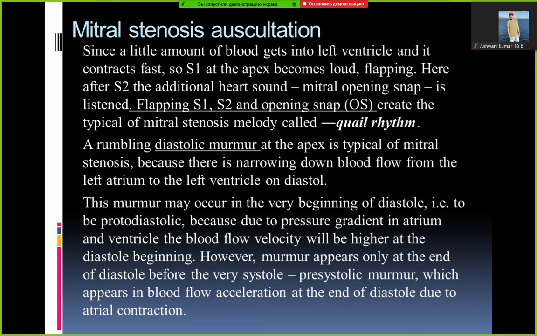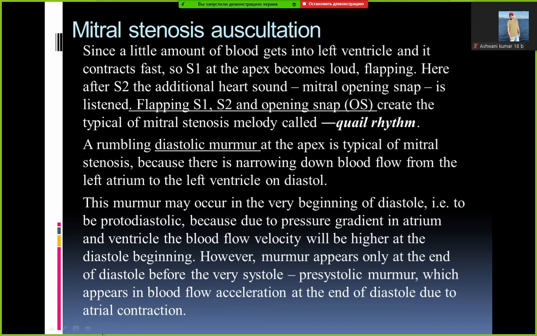so to be protodiastolic, because due to pressure gradient between atrium and ventricle the blood flow velocity will be high at the diastole beginning, and however murmur appears only at the end of diastole, before the very systole, so it will be presystolic murmur, which appears in blood flow acceleration at the end of diastole due to atrial contraction.